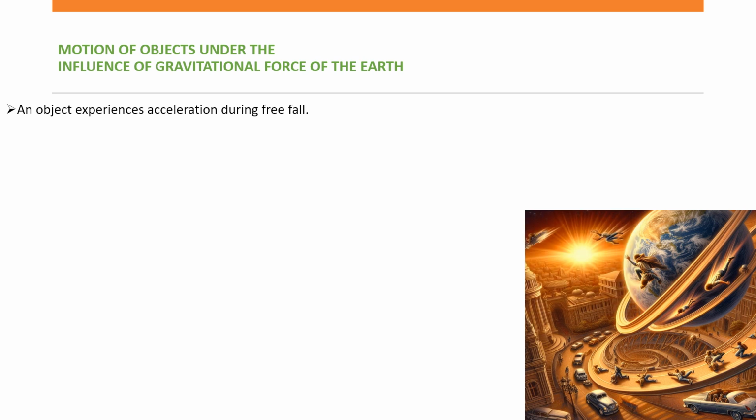Many people are sliding, driving, flying, so many things, and the gravitational force is influencing everyone, right? This acceleration is independent of its mass, I mentioned. It means if a 1 kg iron is under free fall, it undergoes the same acceleration, 9.8 meter per second square.